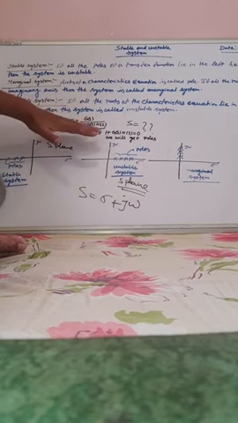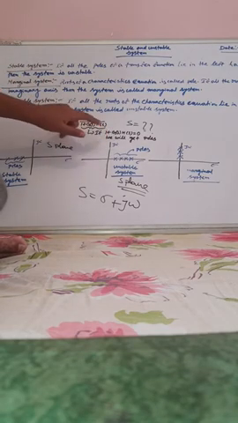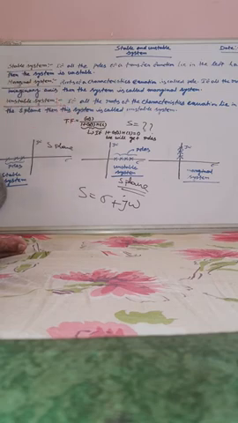Poles mean roots of the characteristic equation. I have already given you the definition of poles. Poles are the values for which the transfer function of a system tends to infinity.